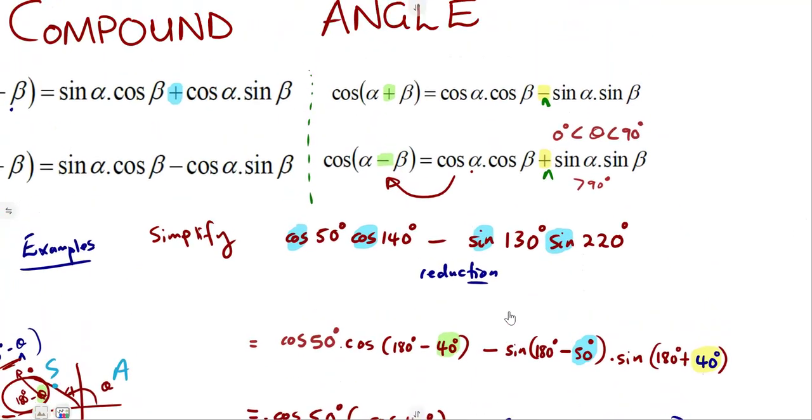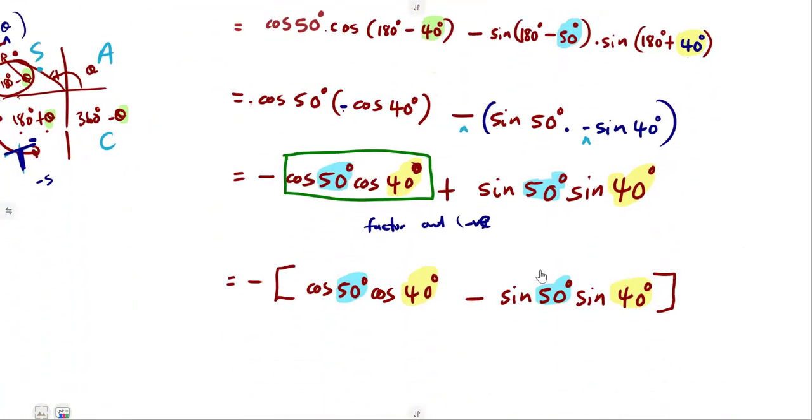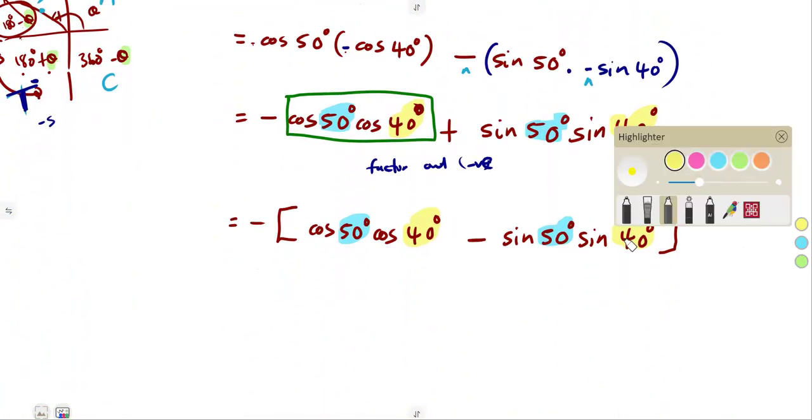So that is here: cos alpha cos beta minus sine alpha sine beta is supposed to be cos of alpha plus what? Plus beta.